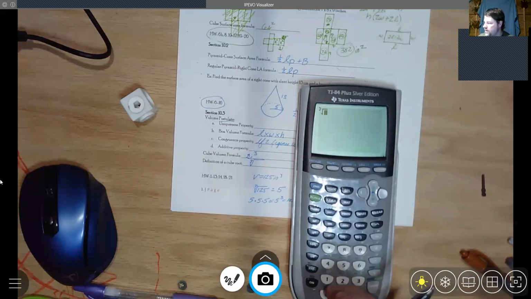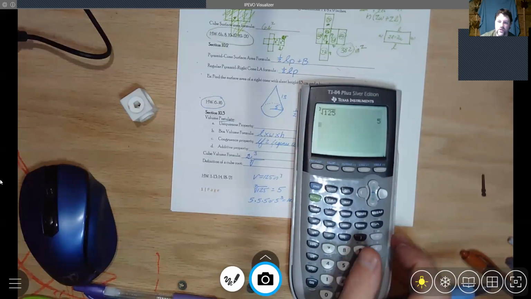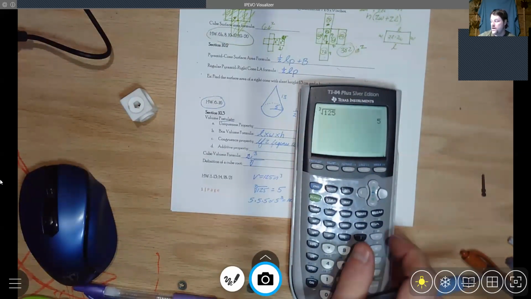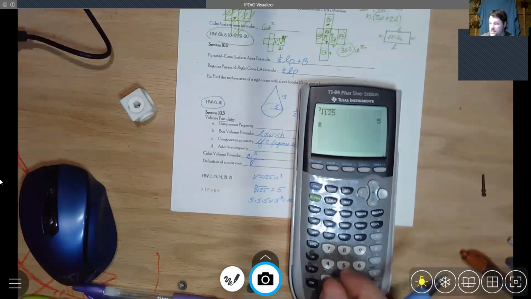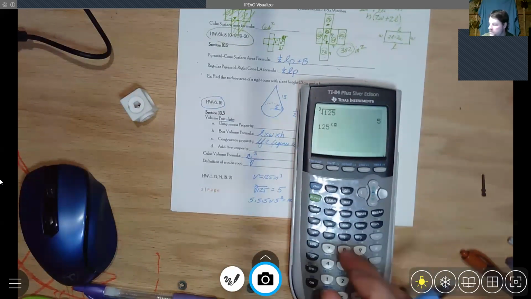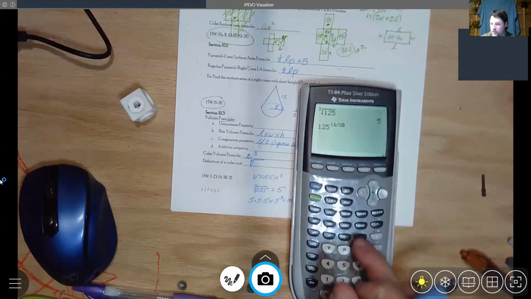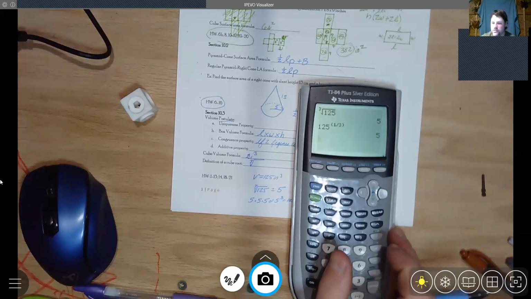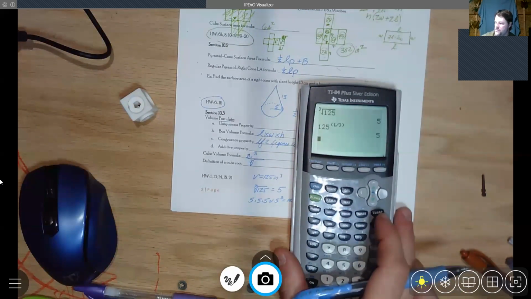So we can type in our 125 and boom, 5. Another way to do it is to take it to the 1/3 power. So 125, caret button, parentheses, 1/3, and that will also give us the cube root. So whatever way suits your fancy, those are two ways to find the cube root.